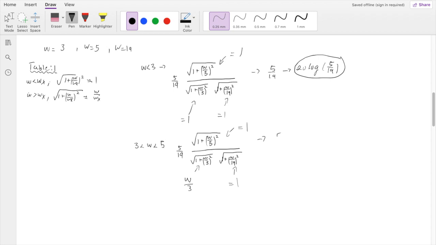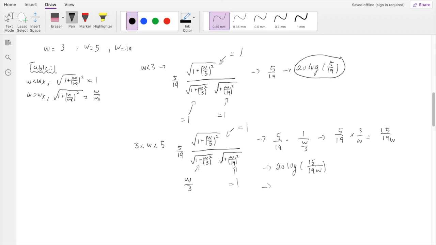So what we end up with is 5 over 19 multiplied by 1 over W over 3. To simplify this, we can write 5 over 19 times 3 over W, which gives us 15 over 19W. Again, we always have to put it under a log and multiply by 20.